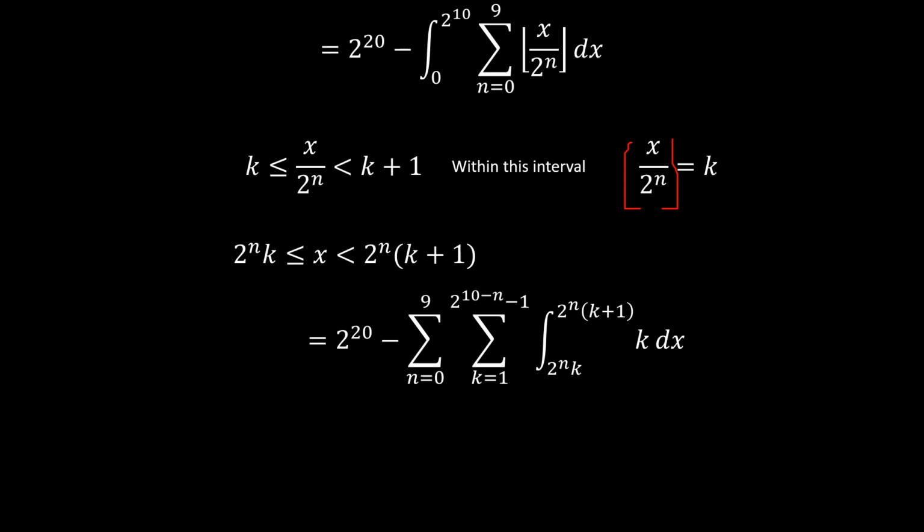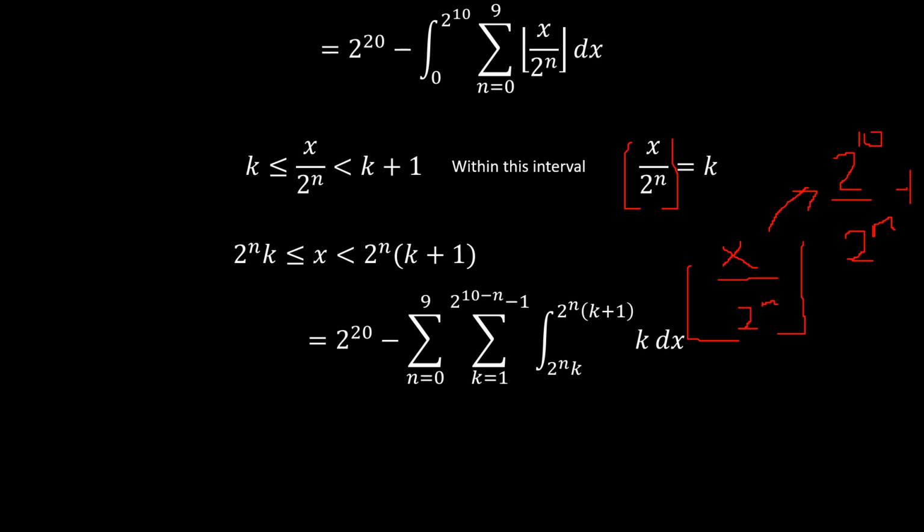And one important point I want to raise is that when we are focusing on x over 2 to the power n, we're focusing on that floor function, it means we're going to have 2 to the power 10, because that's the maximum value of x, divided by 2 to the power n, strips minus 1.